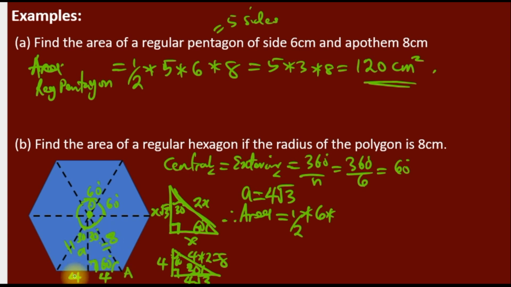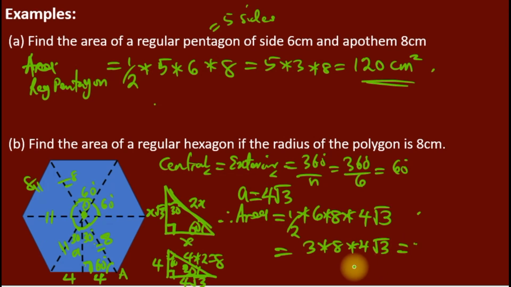Since this is 8, they form equilateral triangles, so the side here is 8, and this is also 8. So this is 8 times the apothem, which is 4 root 3. So our answer is now half of 6, that is 3, times 8 times 4 root 3.